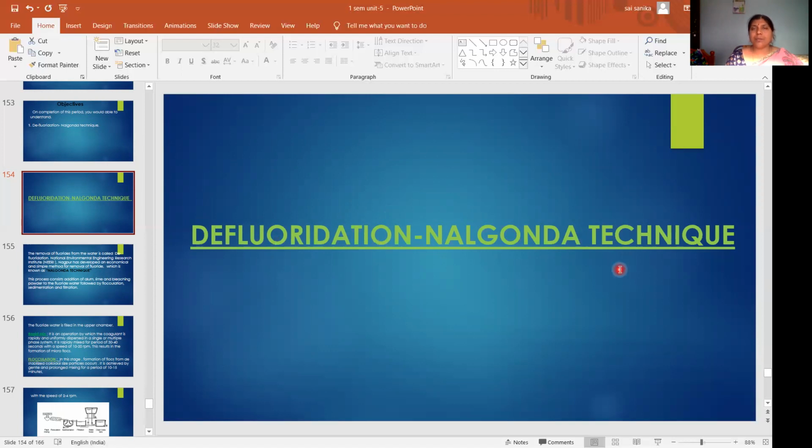Problems on hardness: if a simple problem with only one salt asks you to calculate the hardness of that water, it is a 1 mark or maximum 3 marks question. If 3 or more salts are given, that is for a 5 marks question.